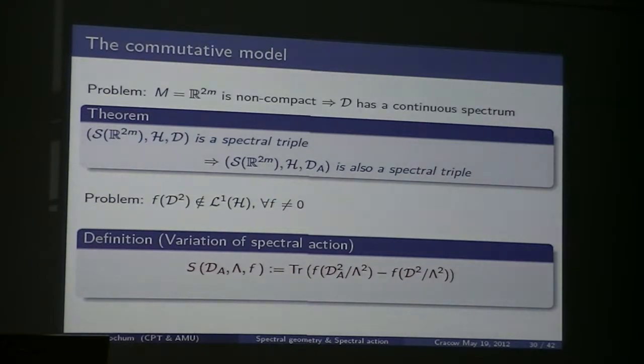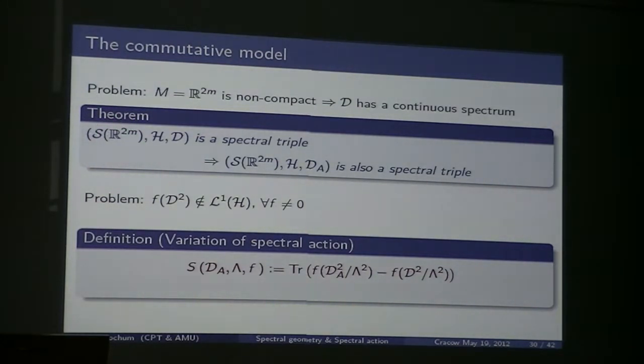But here we face a problem. Of course, the hyperplane is not compact, so the Dirac operator has a continuous spectrum. So you have to work. And the first result is to find a good algebra.